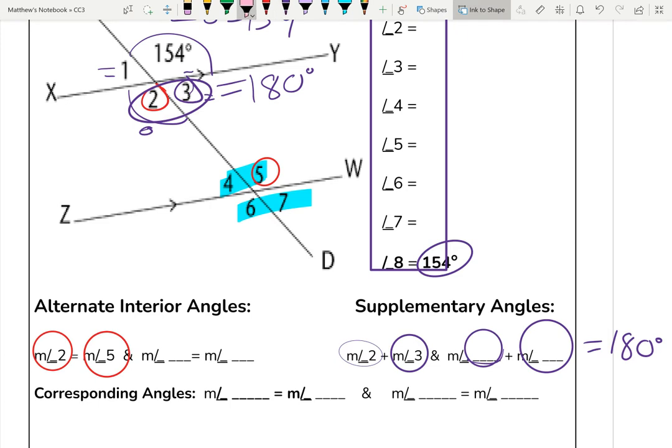For example, maybe you want to go with 1 and 4, because again, these four angles up here are a mirror image of these four angles down below, as long as these lines going across are parallel. So we've got 1 and 4. What is another example here? Go ahead and write it in your packet.